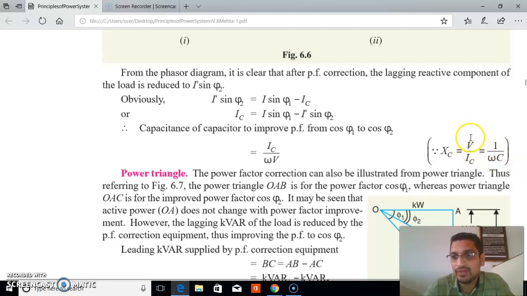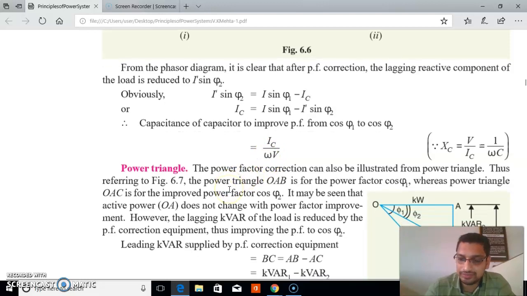So V by IC equals 1 by omega C. We already calculated IC, and V, the voltage, and omega, which is 2 pi F, are known values. From this equation, C equals IC by omega V.